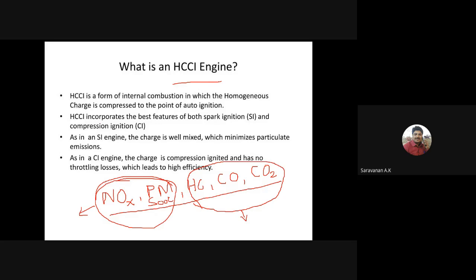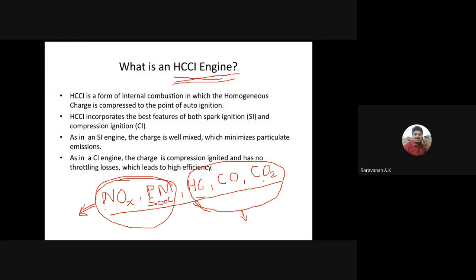In HCCI engines, it will reduce the emission of NOx and particulate matter, and you may remember this. But at the same time, we can get high emission of hydrocarbon and carbon monoxide.